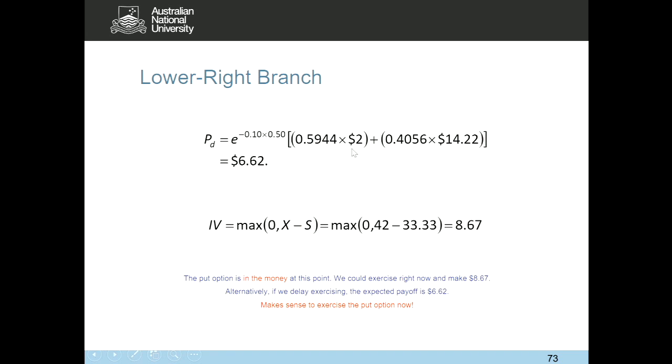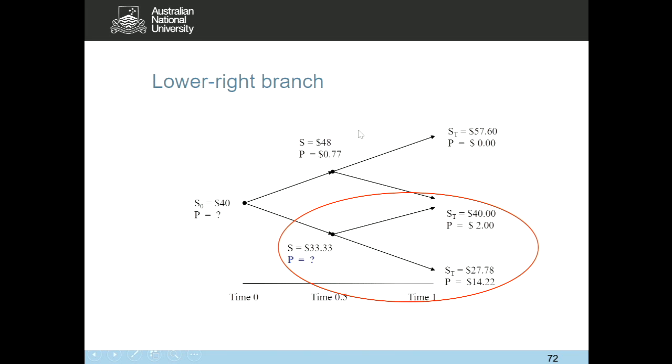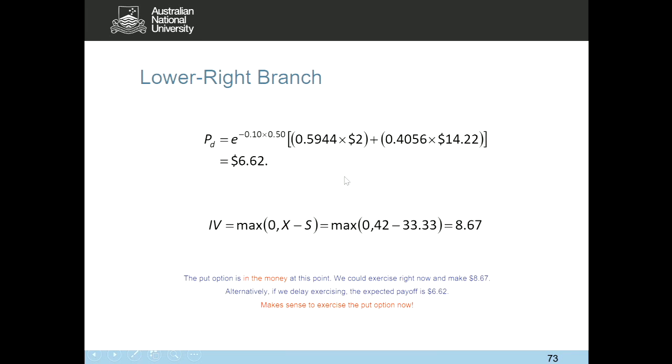We know the probability of going up and going down, and we take a probability weighted average to work out the expected payoff from this put option. Then we discount back, because we're standing at this point thinking 6 months ahead, so we discount back 6 months using the risk-free rate, and we get the discounted value is $6.62.